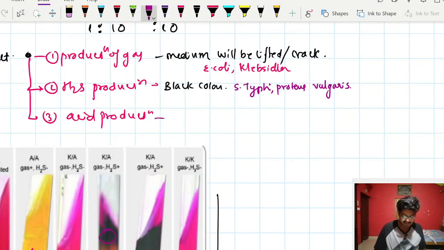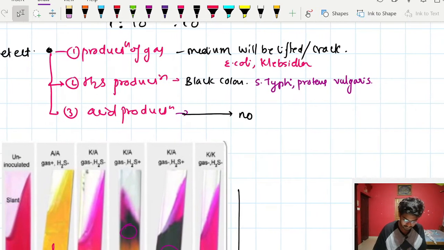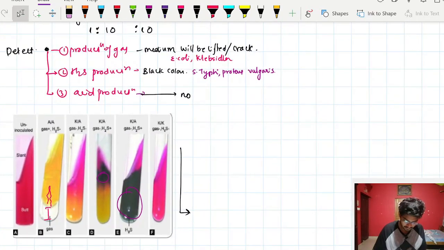Now let us discuss acid production. Acid production is due to fermentation. As we already know, the byproducts of fermentation are acid and gas. So if there is no fermentation, there is no acid production. The first probability is no fermentation.